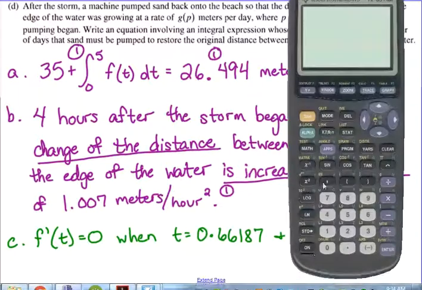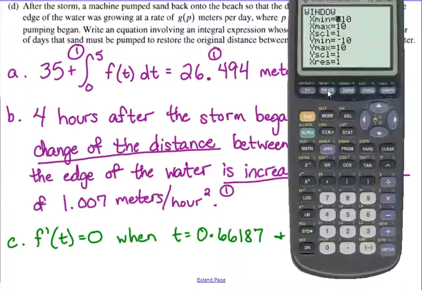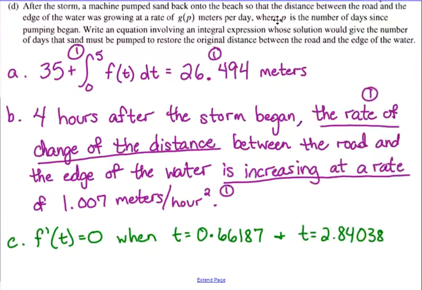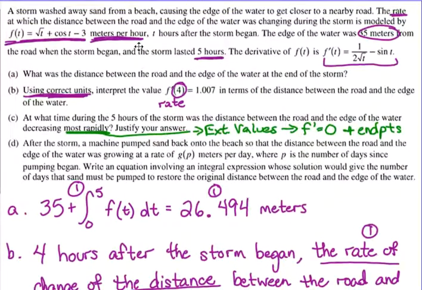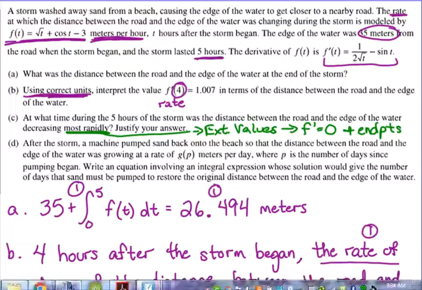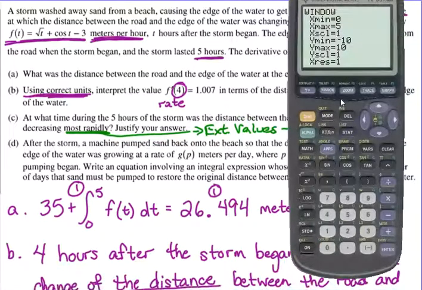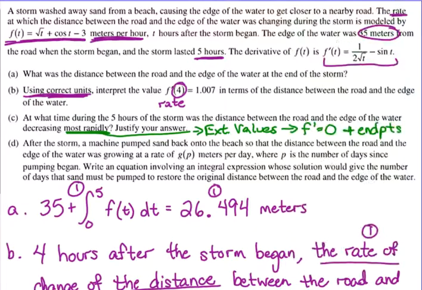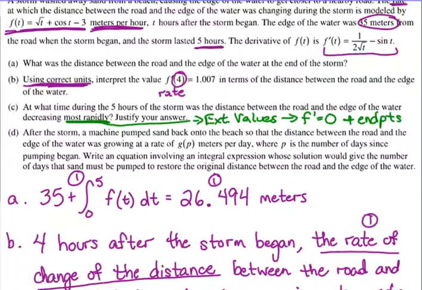I'm not going to go through the whole process of graphing it, but I would go to my window and change my x minimum to 0 and my x maximum to 5, because that's all I'm concerned with in this problem. The storm lasted 5 hours. I'm only concerned with up to time equals 5, so I don't even need to look at the graph for anything else. Go ahead and just change that window so that you're not distracted by things that aren't within your interval. That's just a little tip there.